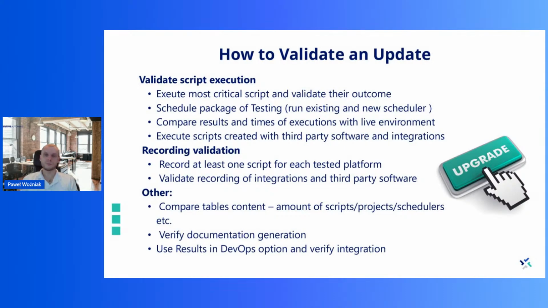So in general, times of executions should decrease, but many things can happen, and it can happen that you will see something completely opposite, that the newer version will work slower than the live environment, than your previous version.